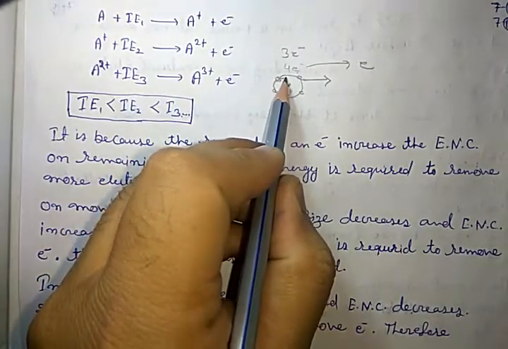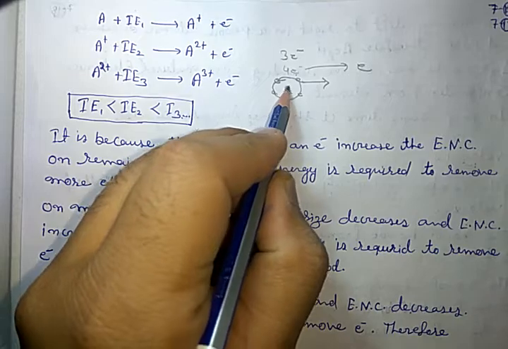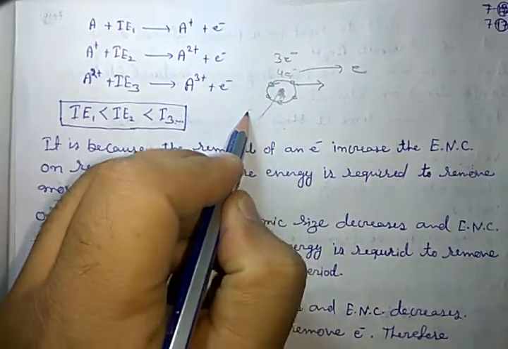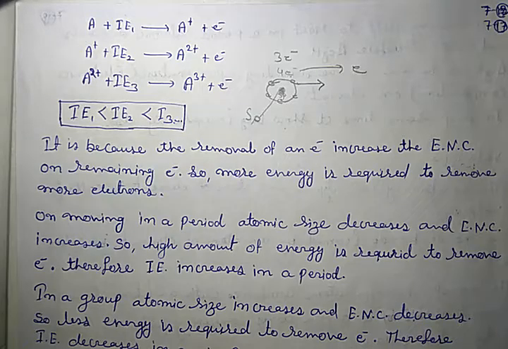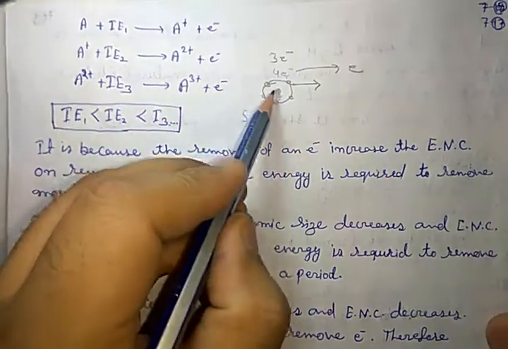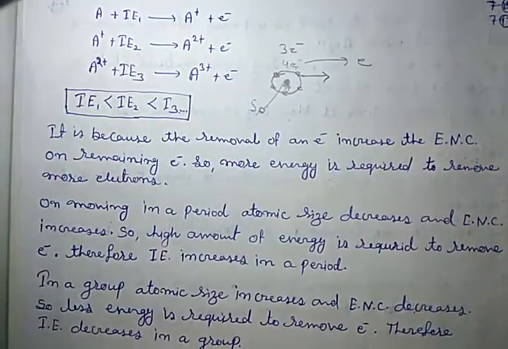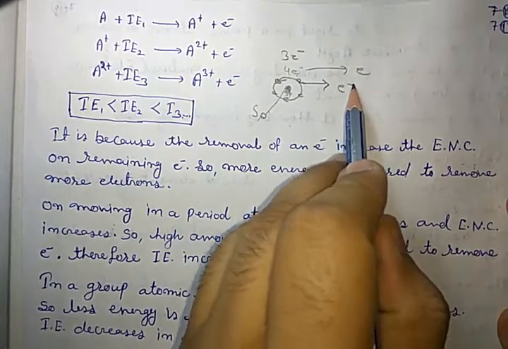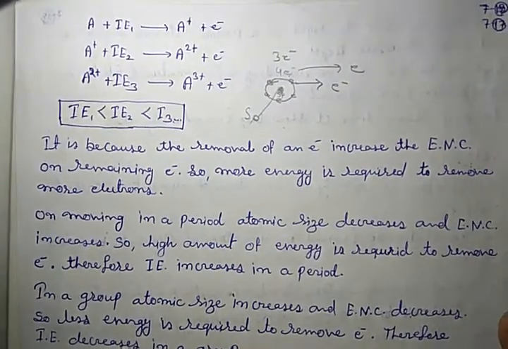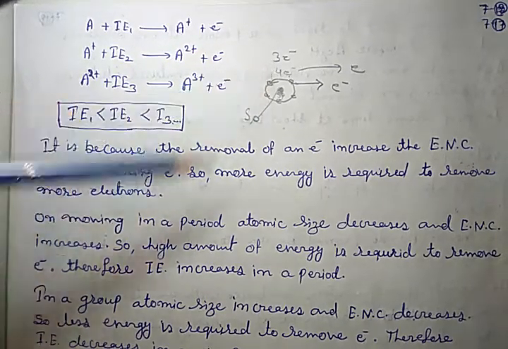Suppose that is an atom which has 5 protons in the nucleus, and there are 5 electrons in its outer shell. Now we removed one electron. How many electrons are remaining?